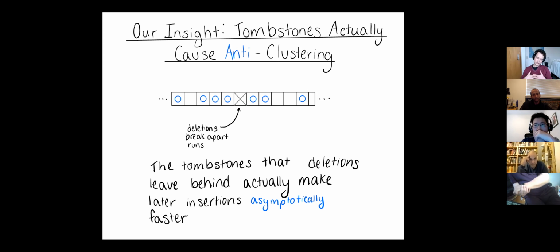And so this has an anti-clustering effect. What's surprising is that this anti-clustering effect isn't just a small thing. What I'll show you in a second is that this has a huge asymptotic effect on the expected time of future insertions. The tombstones that we're putting in now from our deletions will significantly accelerate future insertions.